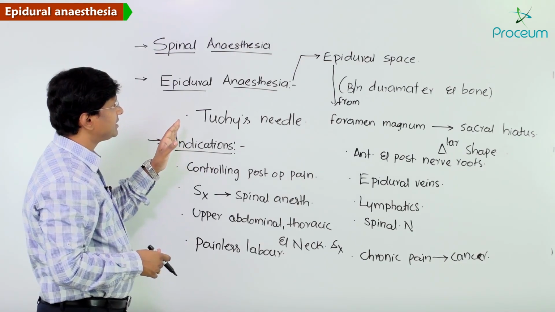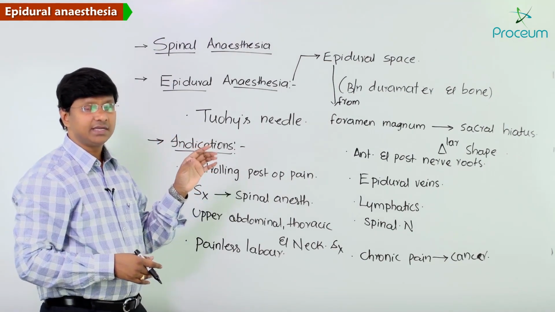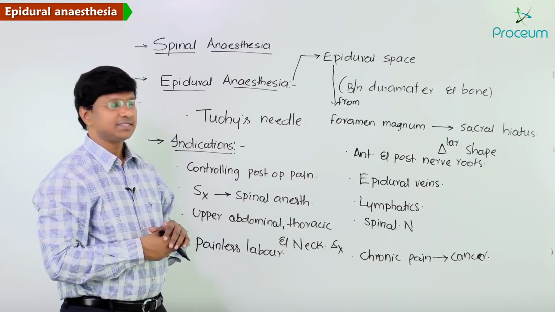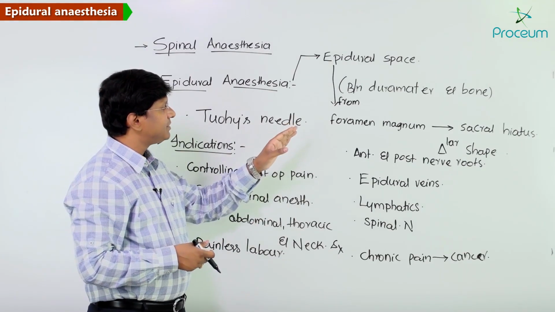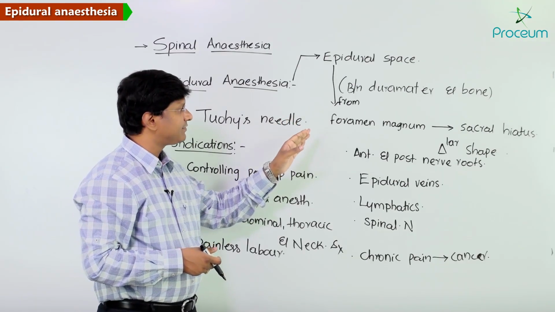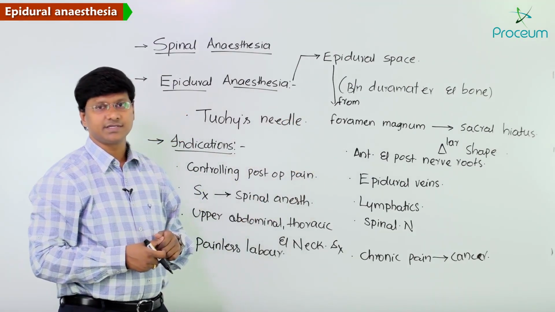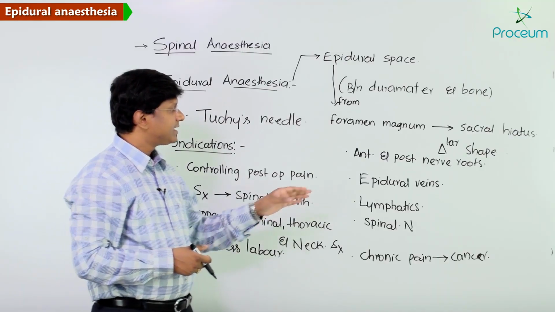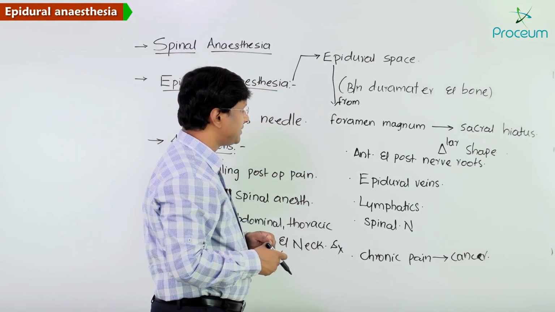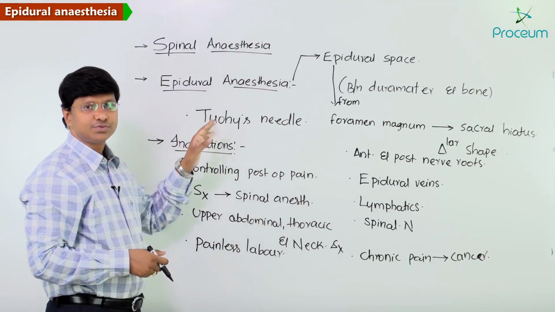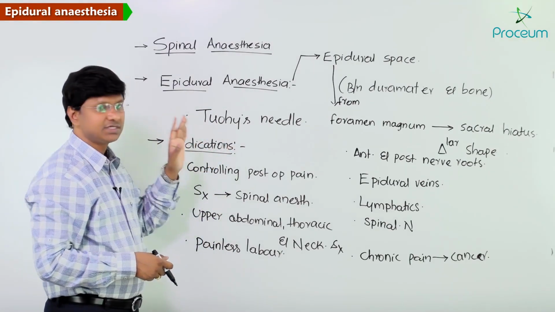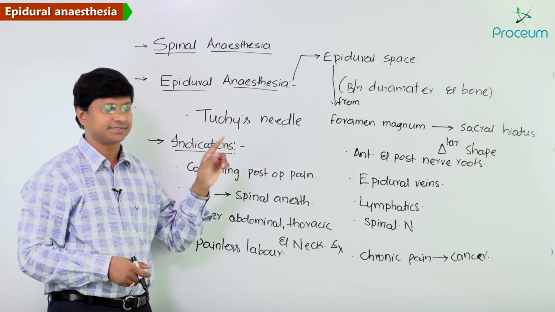So remember, in epidural anesthesia the needle is injected in the epidural space, which is present between the dura mater and the bone, and it continues all the way from the foramen magnum to the sacral hiatus, and it is triangular in shape. It contains anterior and posterior nerve roots, epidural veins, lymphatics, and spinal nerves. The needle used for epidural anesthesia is the Tuohy needle. This is a very important multiple choice question.